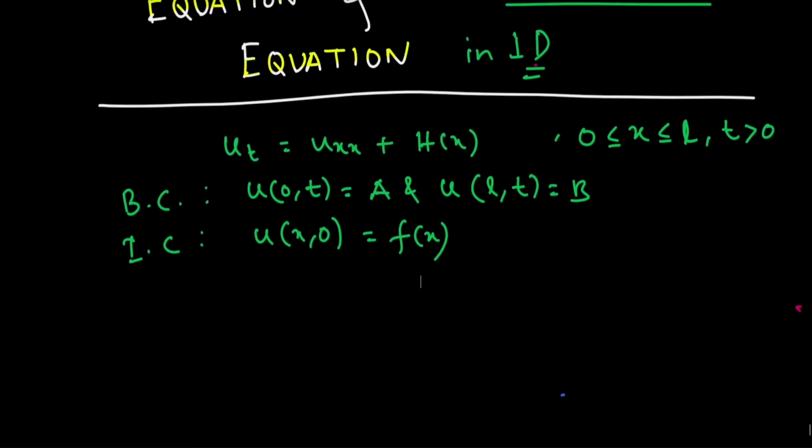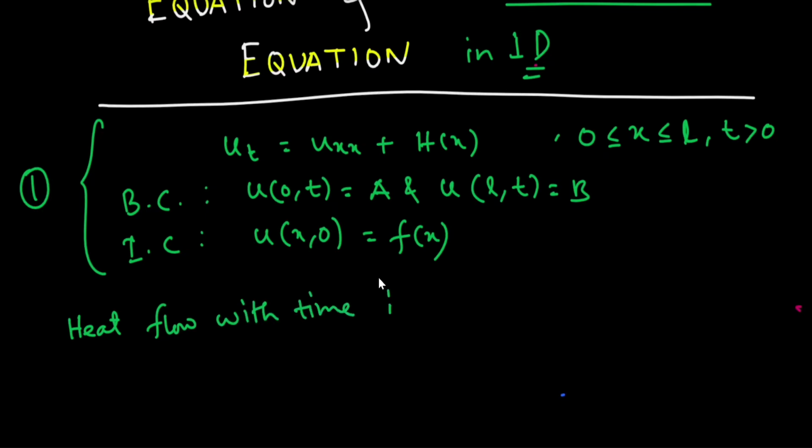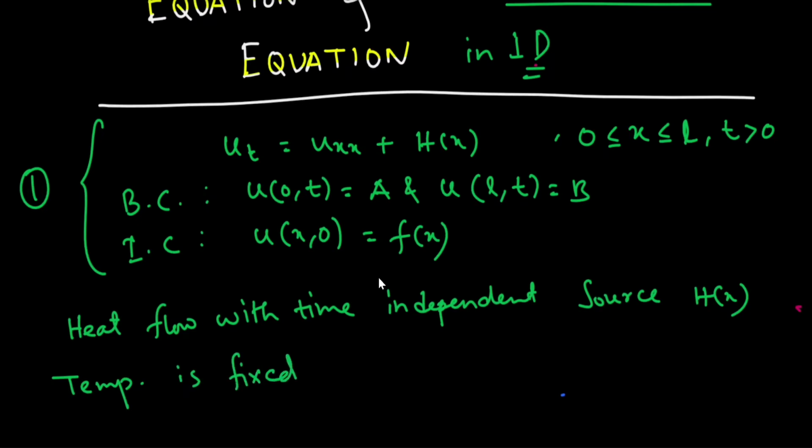So suppose this is heat equation 1, and this equation 1 describes the heat flow with a time independent source h(x), and the temperature is fixed at both the end points with different values.